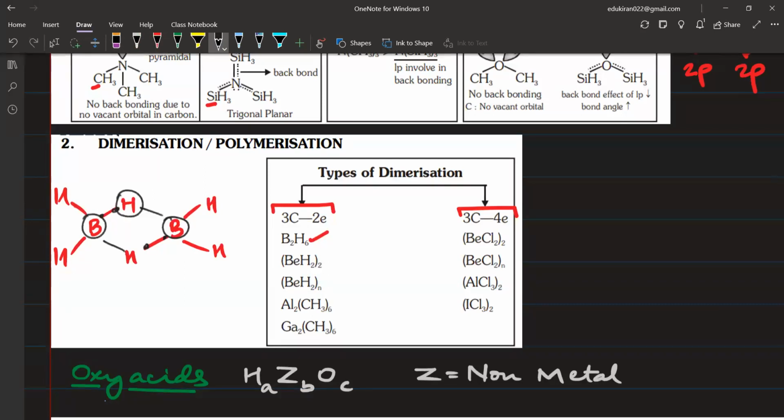And how many electrons are making the bond? There are 2 electrons. And these 2 electrons revolve around this whole 3 atoms. And then here also you have 1, 2, 3, and these also revolve here like this. So as you can see, it looks like a banana, and this is known also as banana bonding.